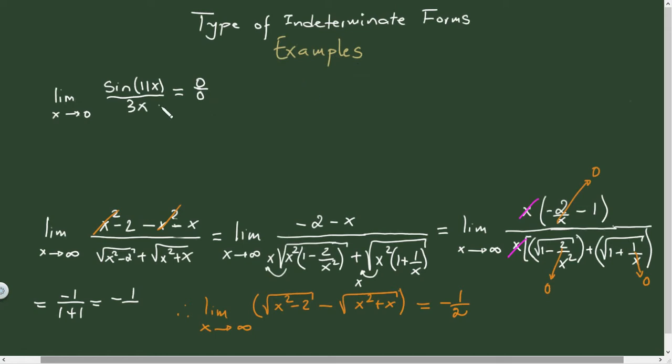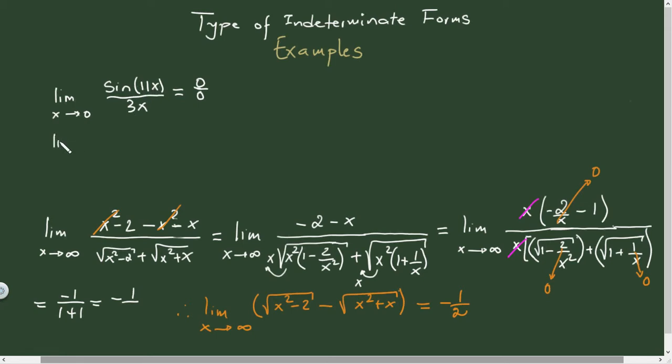So we're going to take a derivative of the numerator and also of the denominator. Taking the derivative of the numerator, remember the sine, we can use the chain rule. You can check it out in other videos.